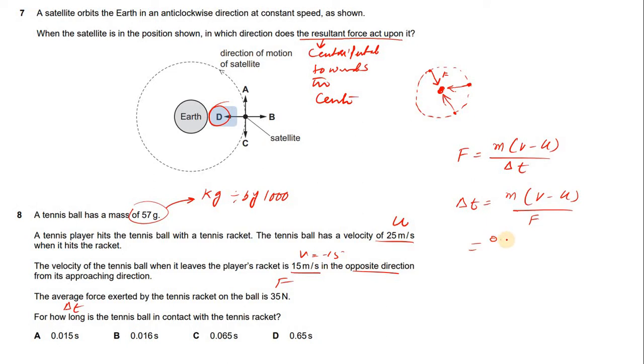So 0.057 times (v minus u). V is minus 15, opposite direction, minus initial velocity 25, divided by force 35. So delta T is equal to minus 0.065. Remember, time cannot be negative, so you can ignore this negative sign. Delta T is 0.065 seconds, so your option is C.